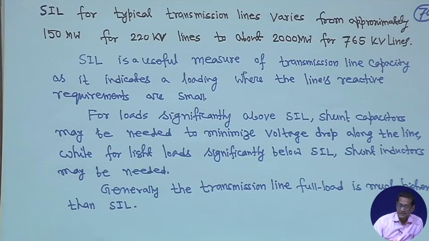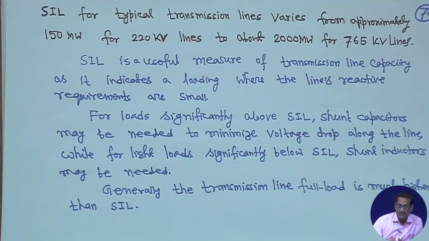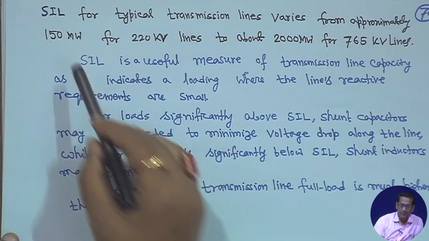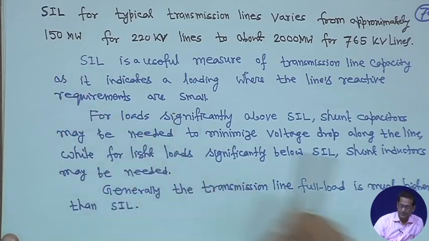For loads significantly above SIL, shunt capacitors may be needed to minimize the voltage drop along the line. Generally the line operates above this limit. While for light load significantly below SIL, you basically need shunt inductors.